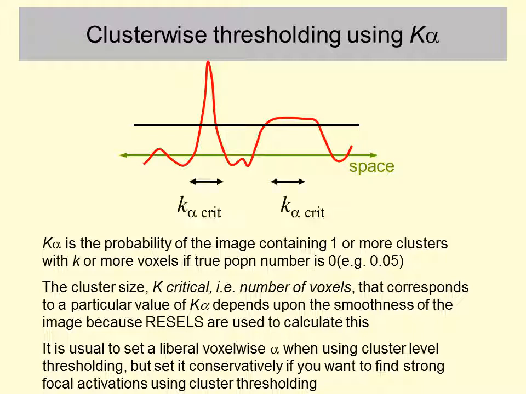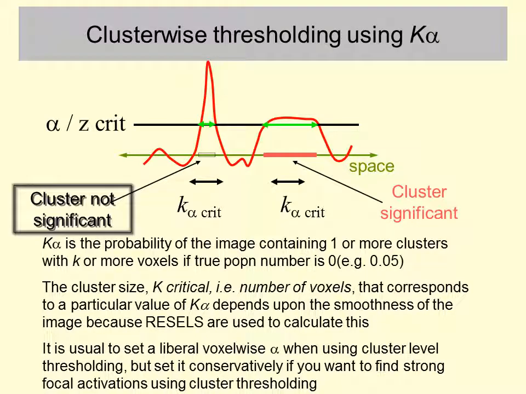So if we want a probability of only 1% that a cluster is a false positive cluster, then we might set the threshold like this, so that clusters have to be this large in the space dimension before they're declared active.